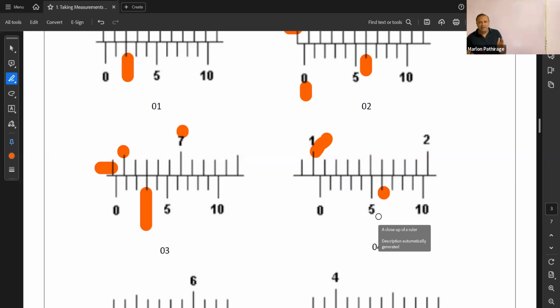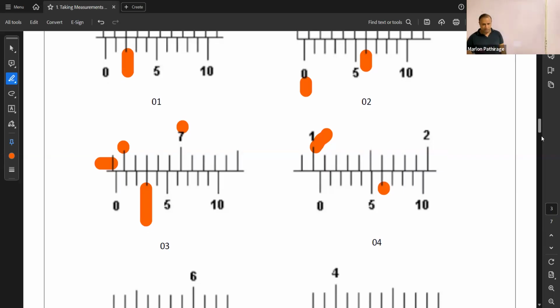Therefore, the vernier reading is 0.6 millimeters and the main scale reading is 10 millimeters. Altogether, 10.6 millimeters.